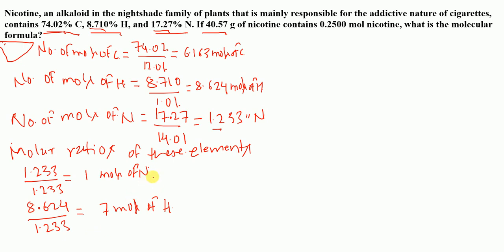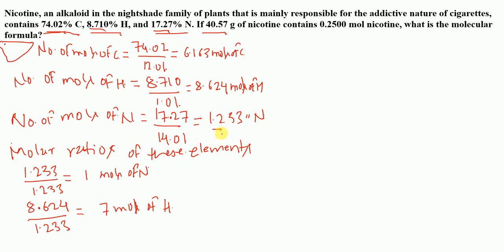So the number of moles of carbon will be 6.163. Okay, let me see. This is hydrogen, 8.624, and then we will do 6.163.